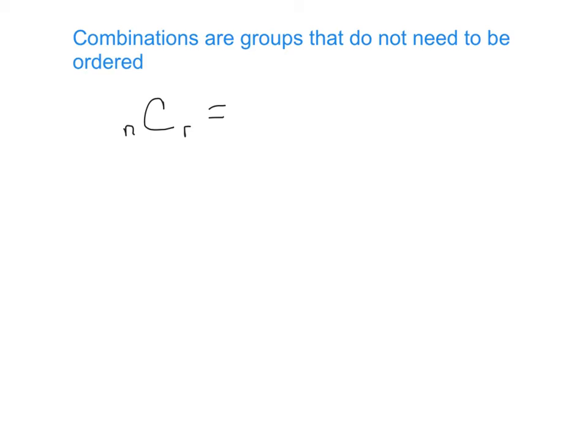It almost looks the same: you have n factorial over (n minus r) factorial, except there's also another r factorial at the bottom. This extra part is included on the combination one. And remember, combination is different from permutation in that order is not important.